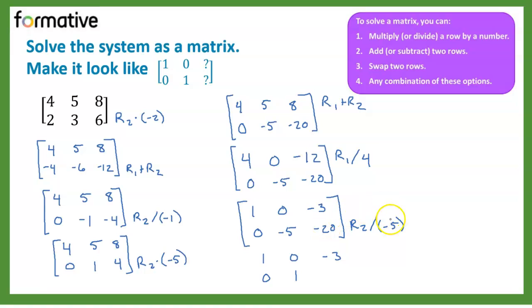And -20 divided by -5 is negative. Oh no, it's positive 4. Positive 4, there we go. So that is our answer. X is -3, y is positive 4, or we could write it as a coordinate pair.